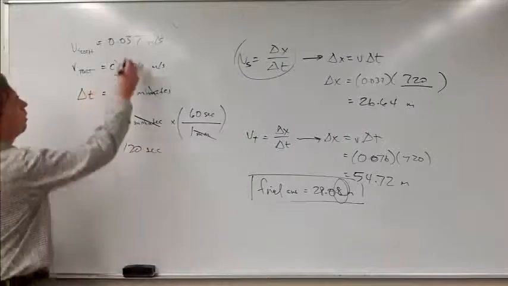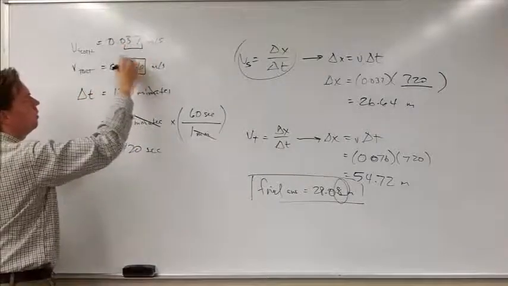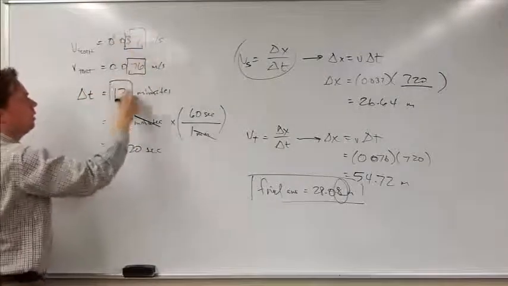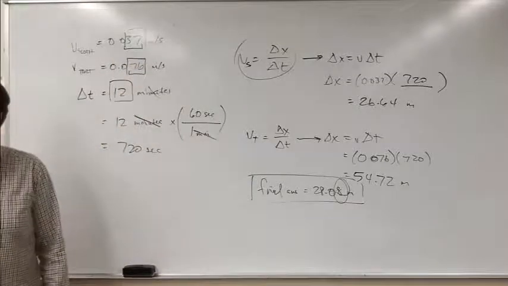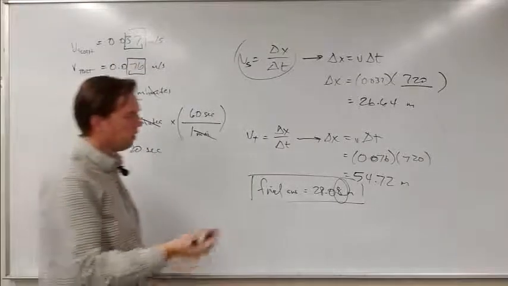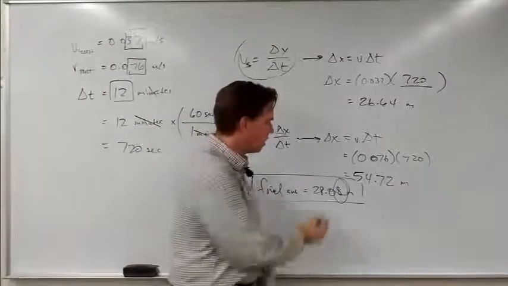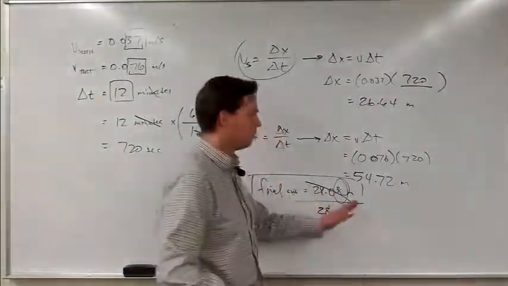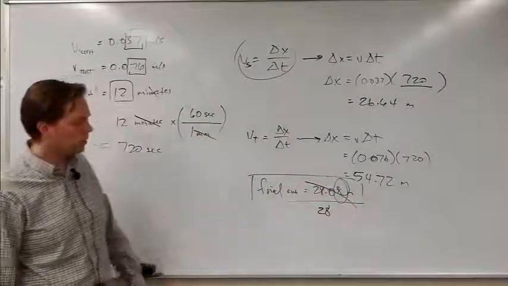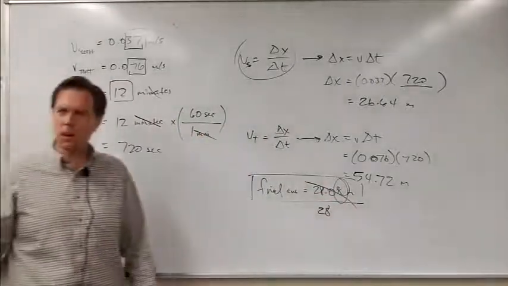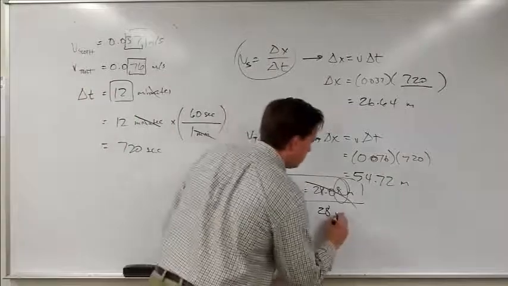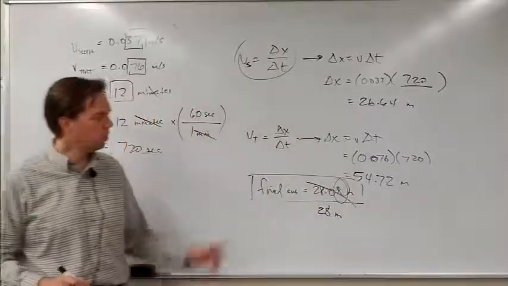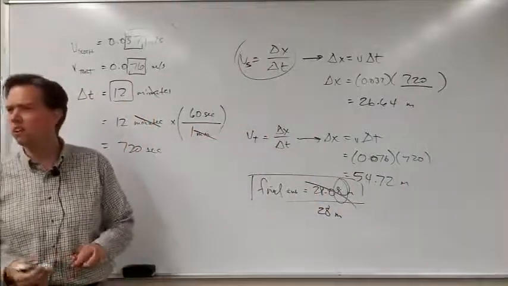The numbers that go into the problem here have got at most 2 significant digits, right? Which means that my final answer technically should not have more than 2 significant digits. Otherwise, I'm implying something that is not true. So that's why the final answer is 28, and that's technically more correct than 28.08.